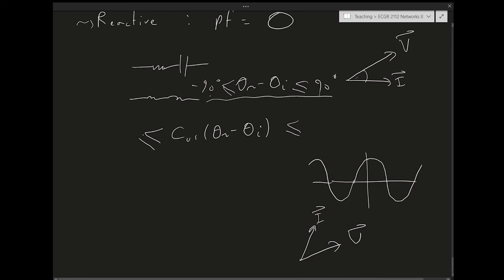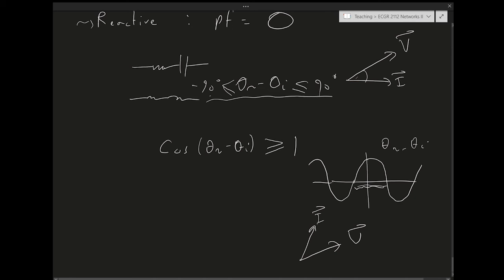What I'm trying to say is that theta v minus theta I is going to be limited to this range, and in this range, the cosine is always going to be larger than 0. This is the right way to look at it. So the cosine of theta v minus theta I, which is the power factor, will always be larger than 0.